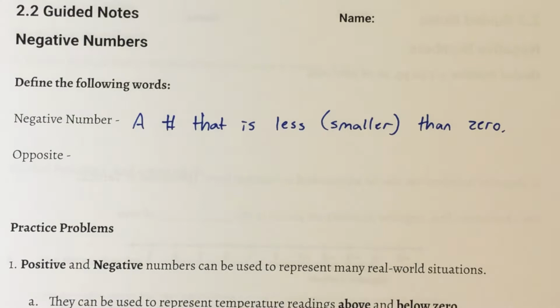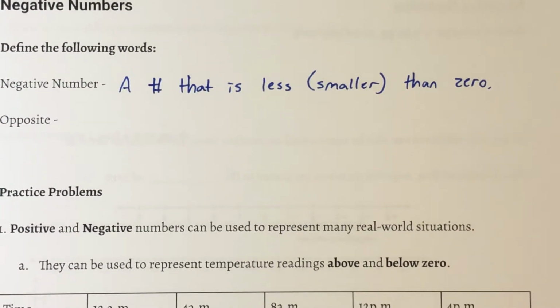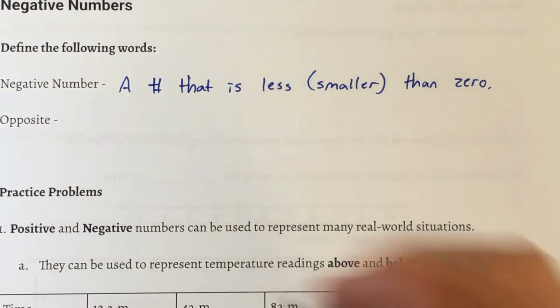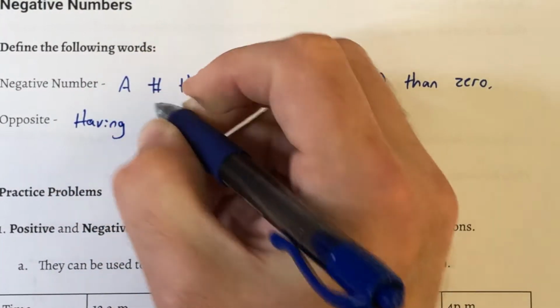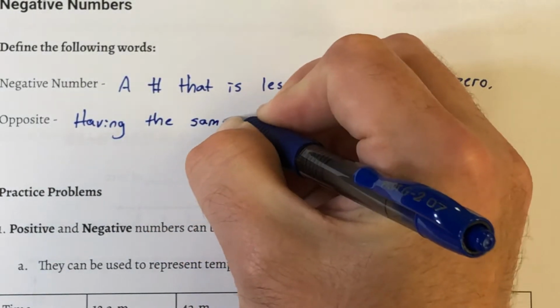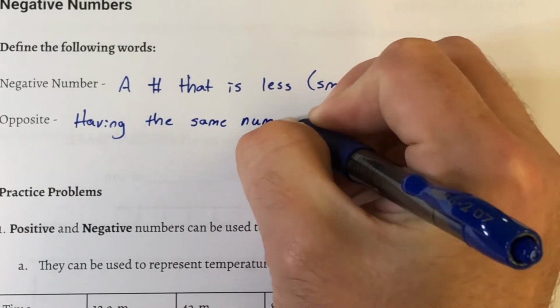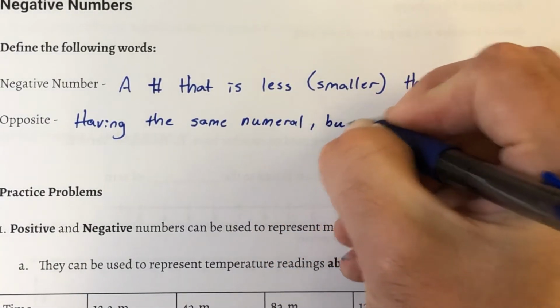A number that is smaller than 0. Our next term is opposite. Opposite means having the same numeral but a different sign.